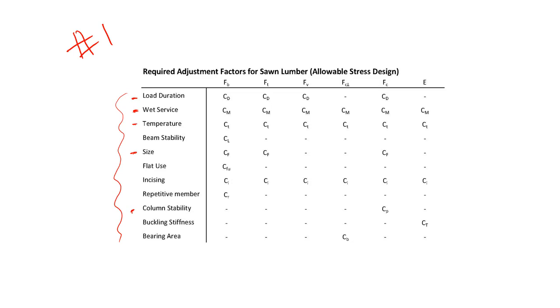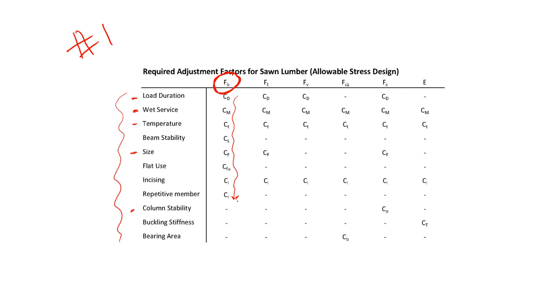We've also been introduced to column stability, but what you'll notice there is there's a handful of other adjustment factors that we haven't been introduced to. So for example, if you're dealing with allowable bending stress, capital F sub B, then you would need to utilize all of these different adjustments in your calculations to accurately assess the true strength of that particular beam that you're looking for dealing with bending.